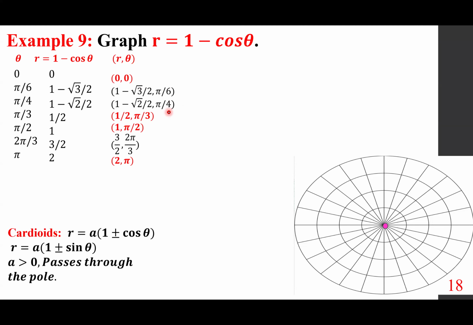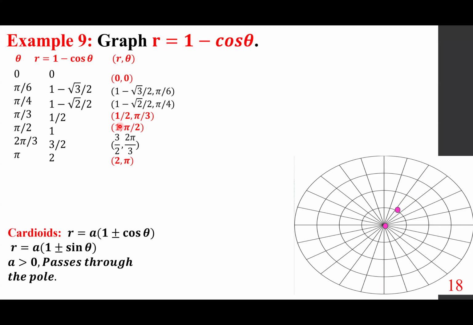We locate pi over 3 and 1 tick mark. One, two, three, four, 1 tick. Then I'm going to go with the easy one. Pi over 2 is this one, right?